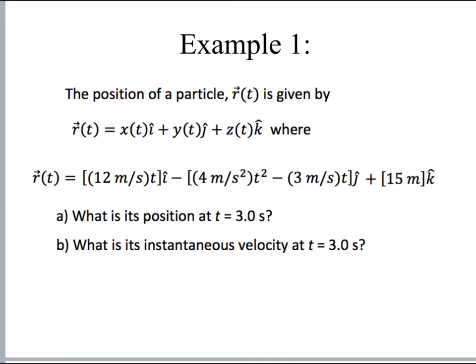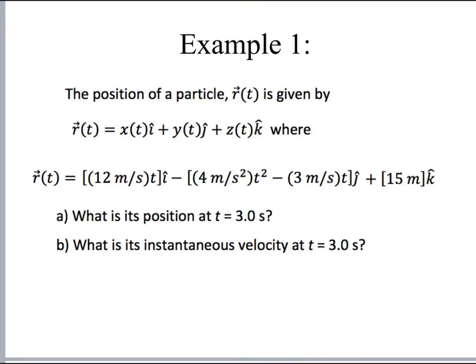Let's look at another example. So here we have a particle position, r of t, so that means it's the position as a function of time. It's changing with time, and it's given by some x function of time in the i hat direction, plus some y function of time in the j hat direction, plus some z function of time in the k hat direction.